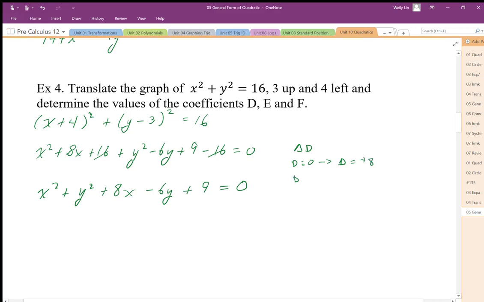The change in e was e equals 0 to e equals -6. And the change in f was f equals -16 to f equals positive 9.